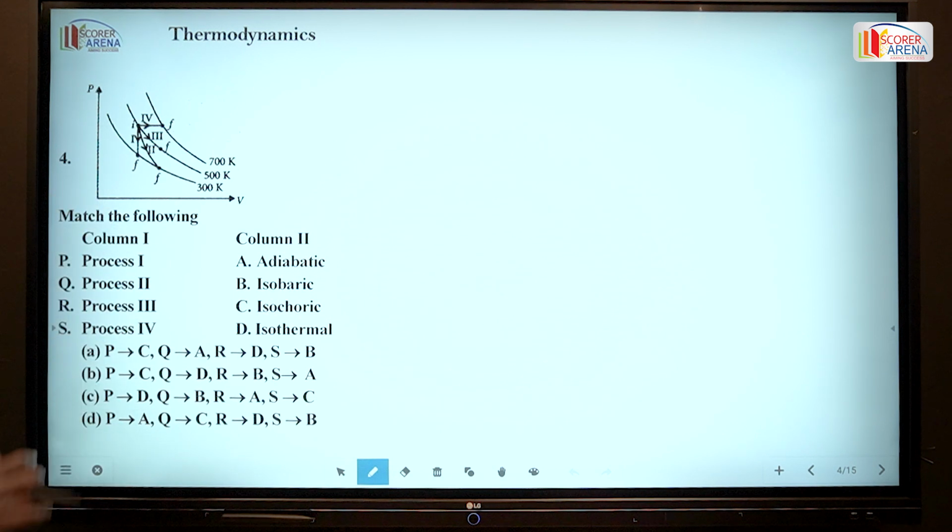This question was asked in NEET examinations. You have to match the following, column 1 and column 2, question number 4.